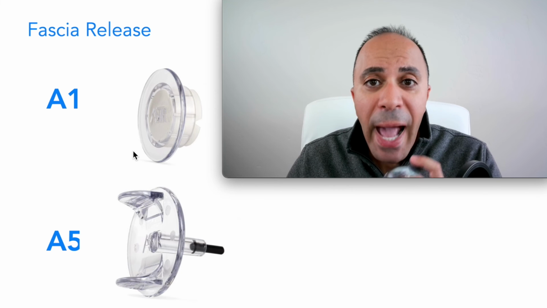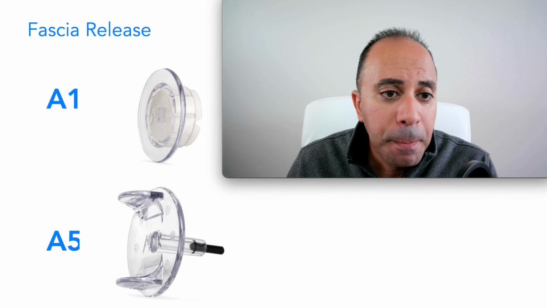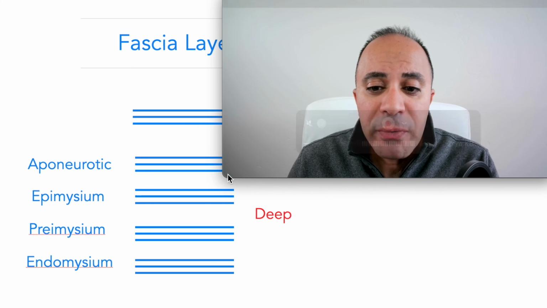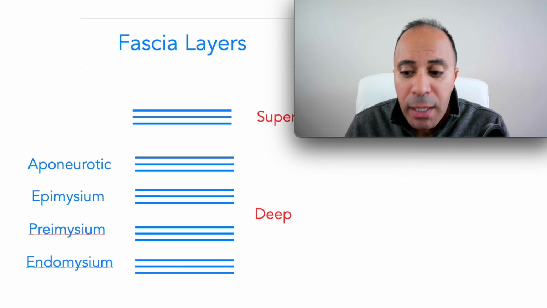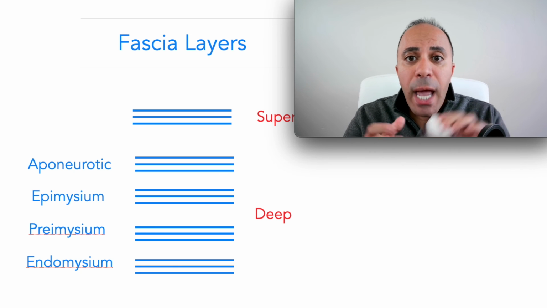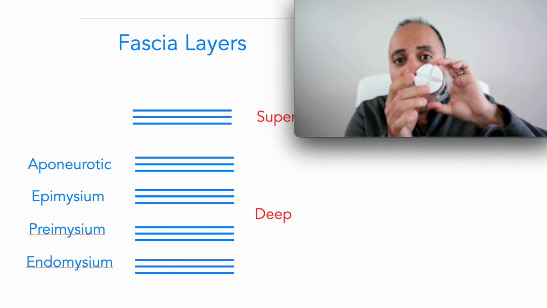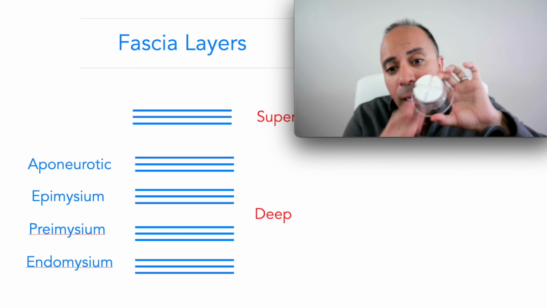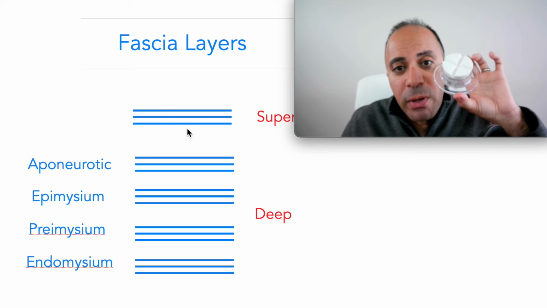The other thing, we have to work on all the layers of the fascia. Let's go back here. So we have to work on the superficial fascia layer, and we have to work on the deep fascia layer. What I personally use, I use the A1 to release the superficial fascia layer, each of those subcategories of the fascia.